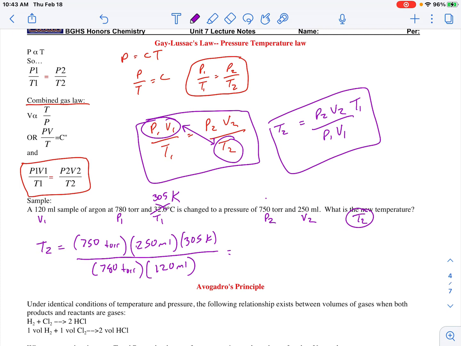So 750 times 250 times 305 divided by 780 divided by 120. And so our answer is 611 Kelvin. All right.